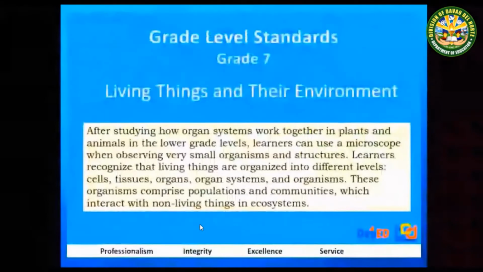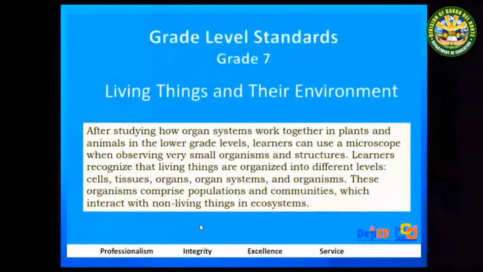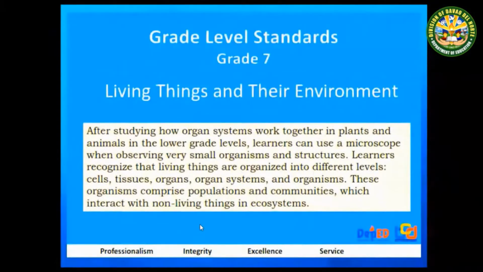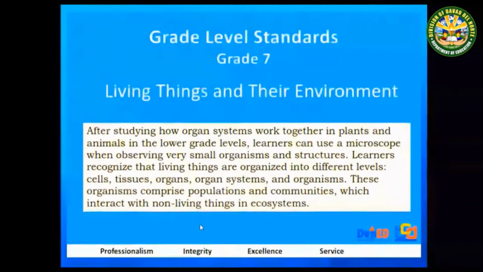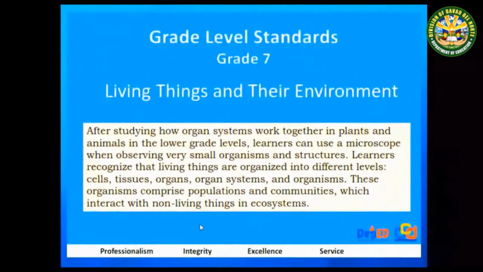For junior high school, grade 7 level standards, living things and their environment. After studying how organ systems work together in plants and animals in the lower grade levels, learners can use a microscope when observing very small organisms and structures.